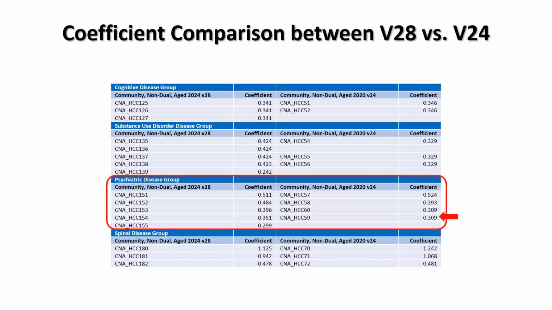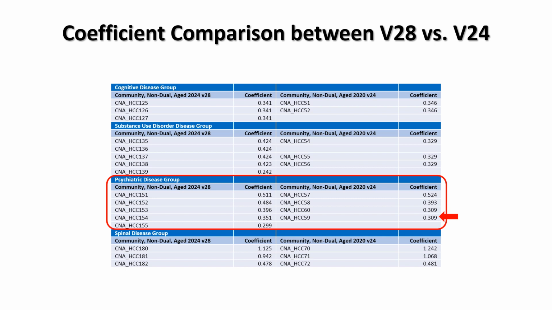Coefficient comparison in cognitive, substance use disorder, psychiatric, and spinal disease group. Over 50% of the ICDs mapping to HCC 59, major depressive bipolar disorder, have been completely removed from the proposed V28 model. There are 827 ICDs in V24 HCC 59, major depressive bipolar disorder.